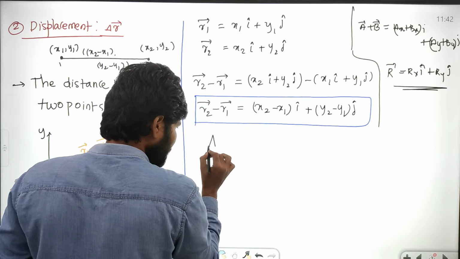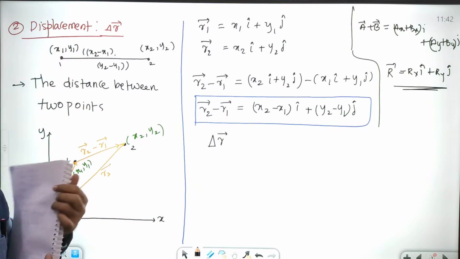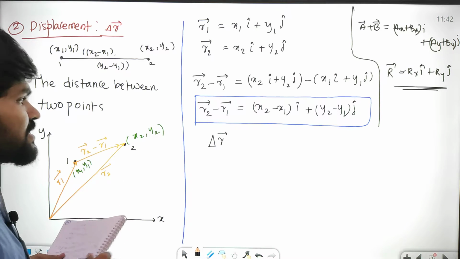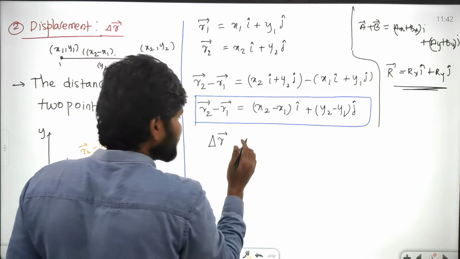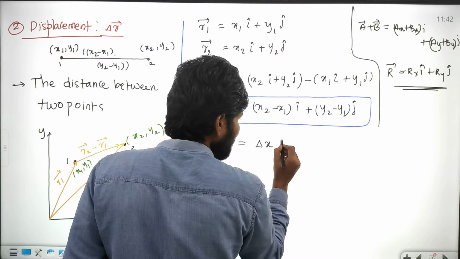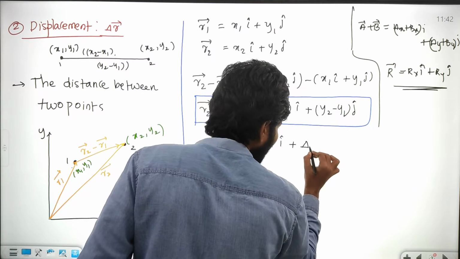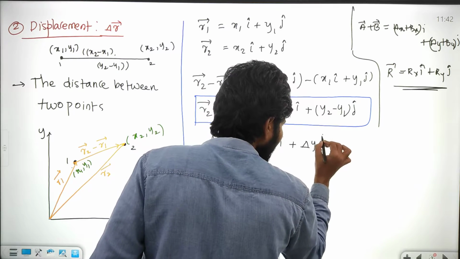Delta r cap. Hope you understand. Then this is delta x i cap plus delta y j cap.